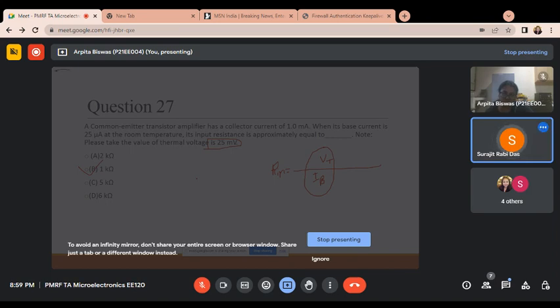By calculating the transconductance, then find out the answer. So there are many ways we can solve one equation. Just find out the easiest way to get the answer. Okay. Yes.